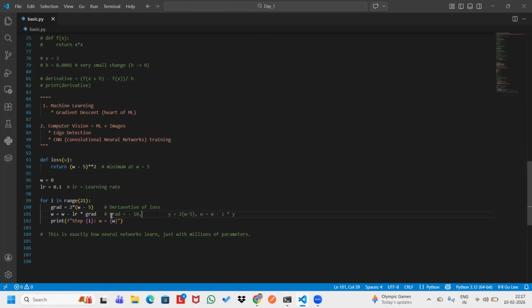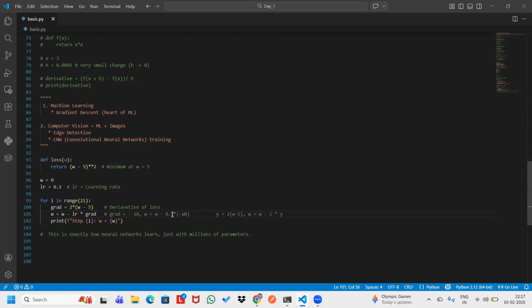Then if I put it in this equation, what will happen? It will give you W equals W minus LR, and LR is 0.1, so 0.1 into bracket minus 10.